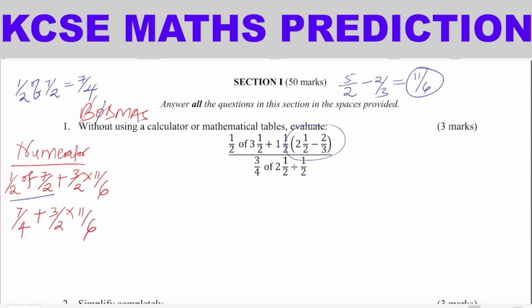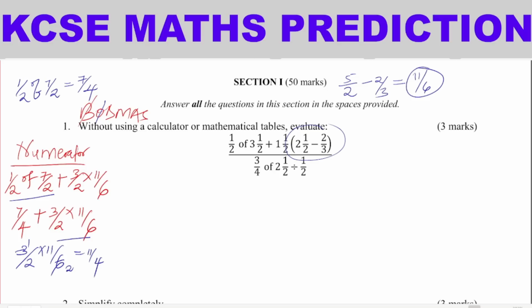So from there we have addition and we have multiplication. So we start with multiplication. We have 3 over 2 times 11 over 6, and this will be 11 over 2, because 3 by 3 is 1, and 1 by 3 is 2... so this will be 11 over 4.